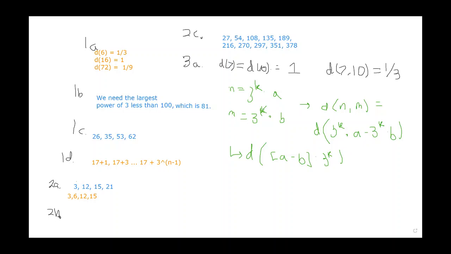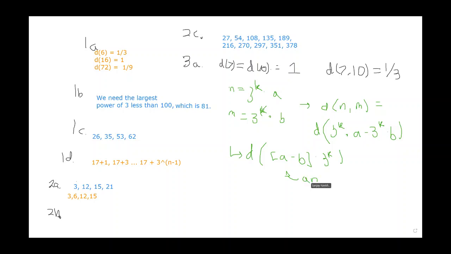Your only condition on a and b is that they're not divisible by 3. So what can their difference be? It turns out it can actually be anything. So any value of a minus b is possible, which means that d of a minus b times 3 to the k is 3 to the, well, you tell me.